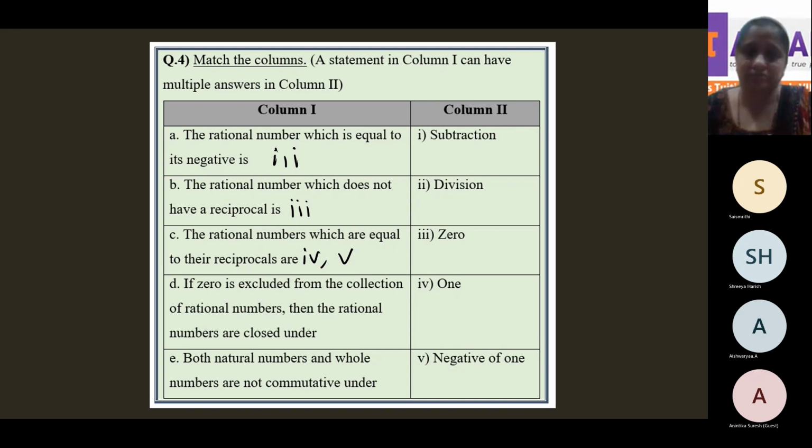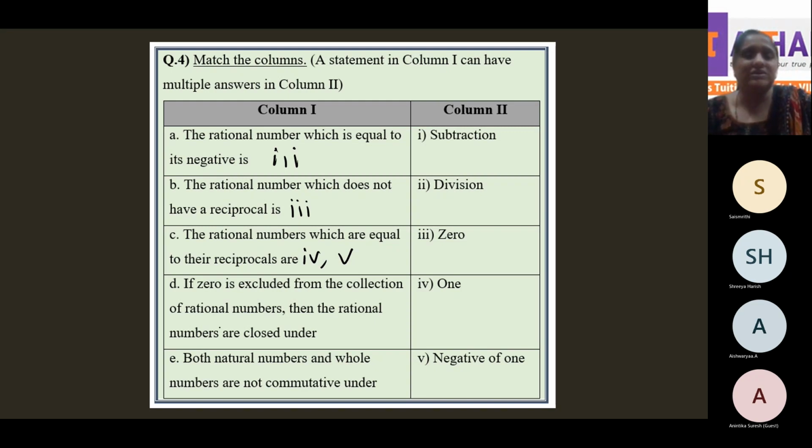When A and B are two rational numbers, A plus B is rational, A minus B is rational, A into B is rational, and A by B is rational when B is not 0. So if you exclude 0, then A by B is also rational.